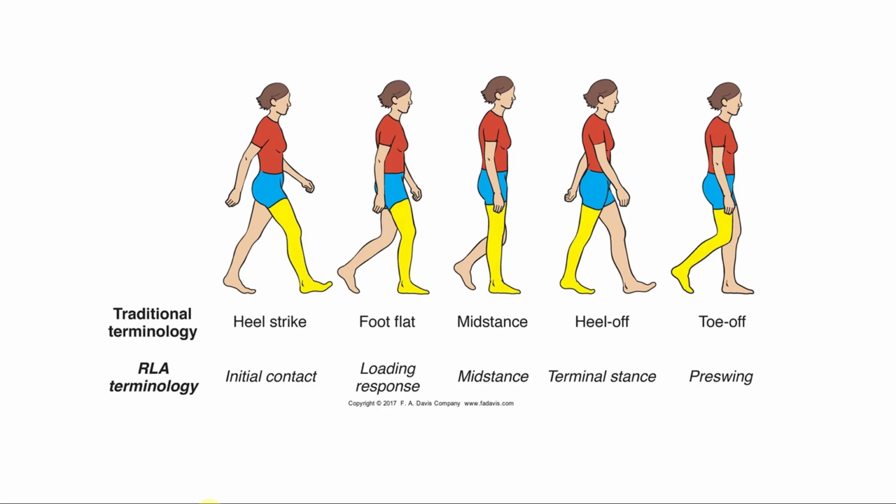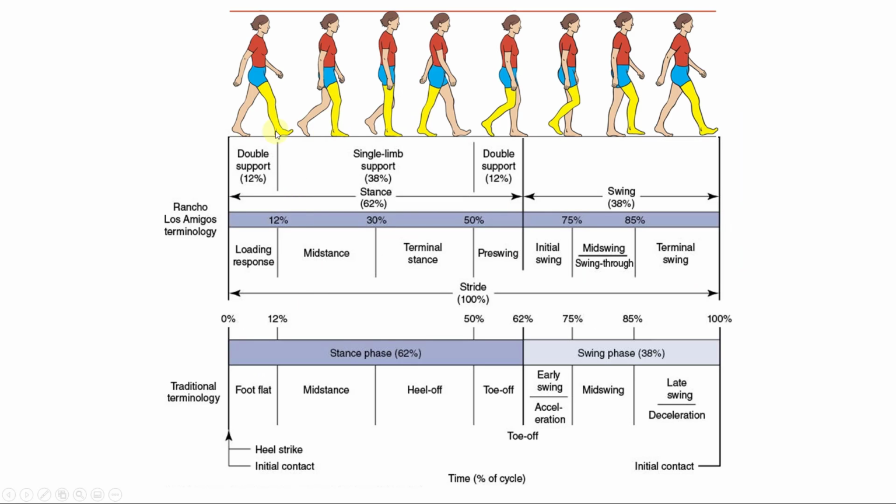I share both, and your textbook introduced both. Some people have adopted this terminology and some have that, and there are some really great classic textbooks that only use the traditional terminology. So it's good to understand both depending upon the way you're studying. But it doesn't change, right? You still have your initial contact, your single leg stance versus double limb support. It's just the terminology that's used for that.